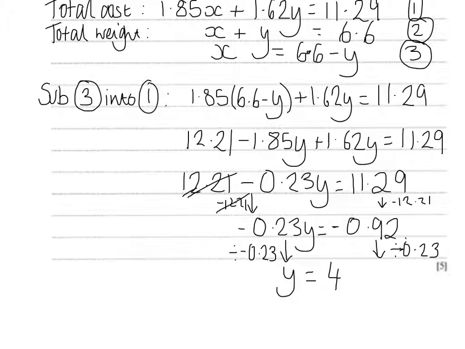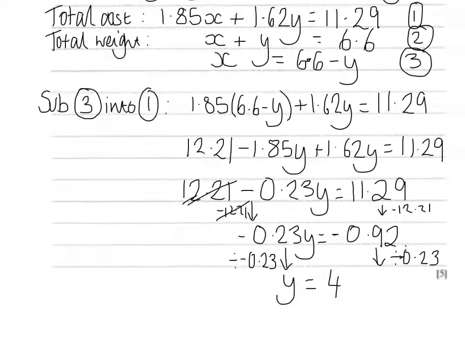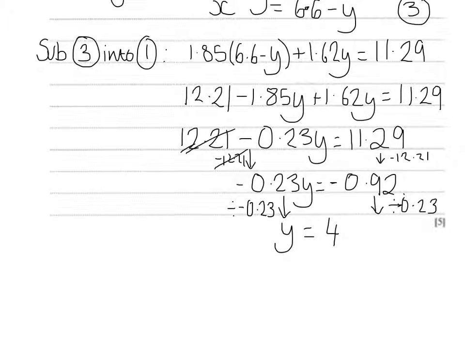That means then that my y was my amount of strawberries, so we have 4 kilograms of strawberries. I can now use that to work out the amount of raspberries that I have.